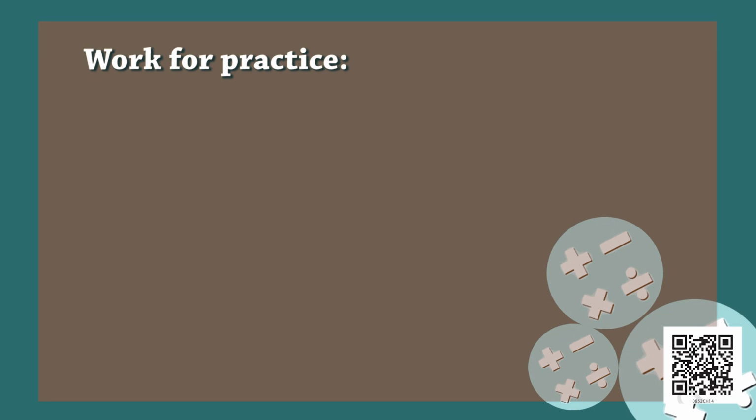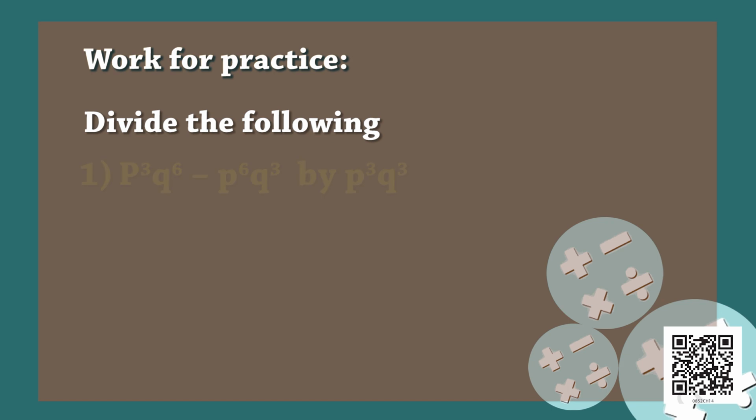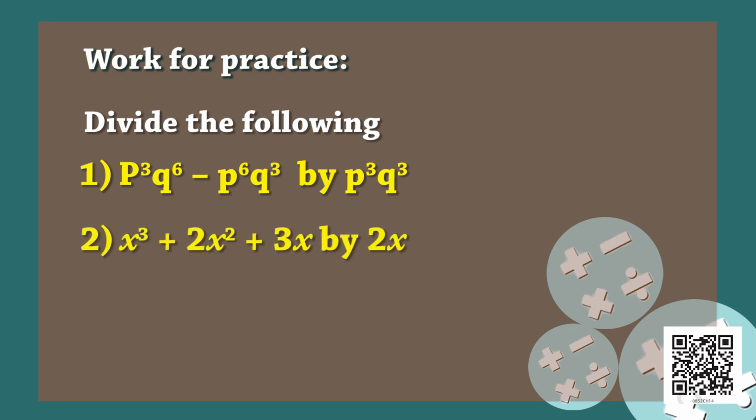For your practice, I am giving some more problems. Please try it. Work for practice. Divide the following: 1, p cube q to the power of 6 minus p to the power of 6 into q cube, by p cube into q cube. Number 2, x cube plus 2x square plus 3x, by 2x.